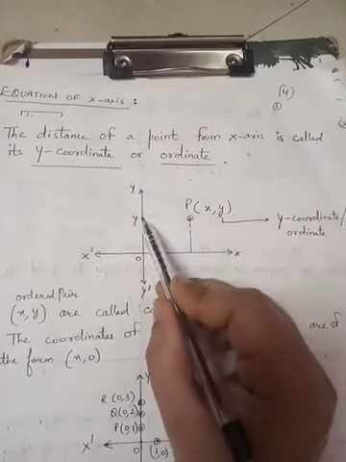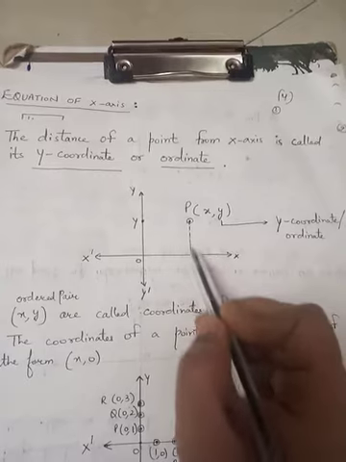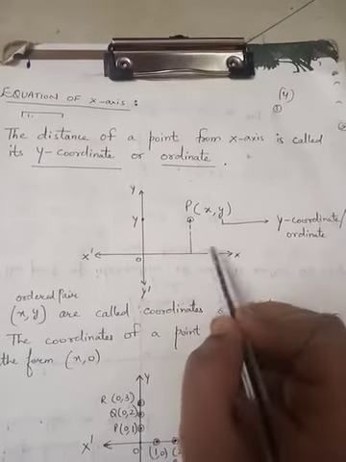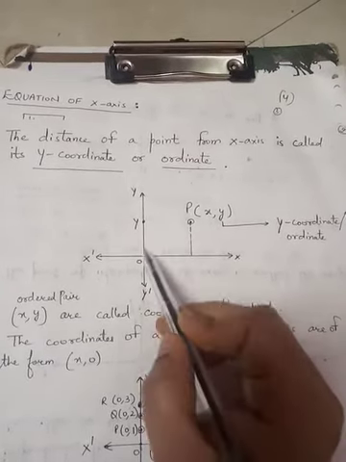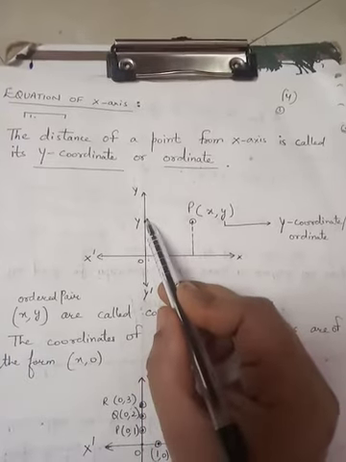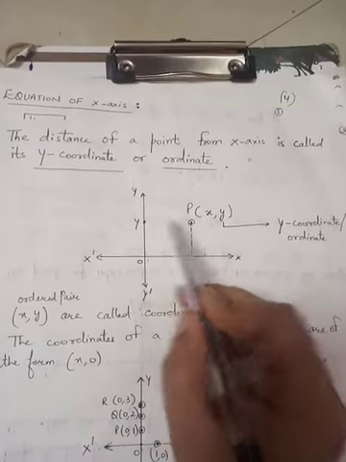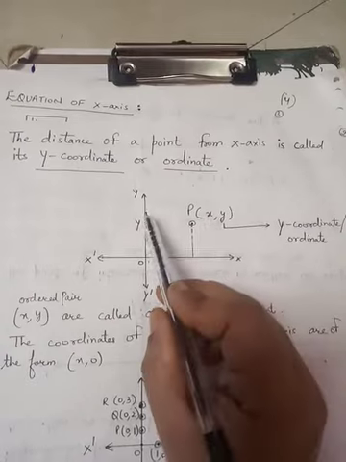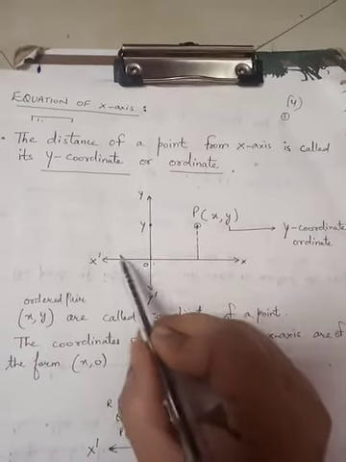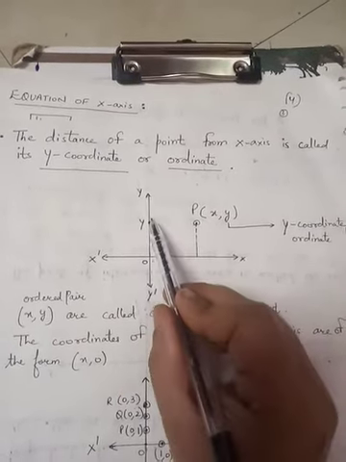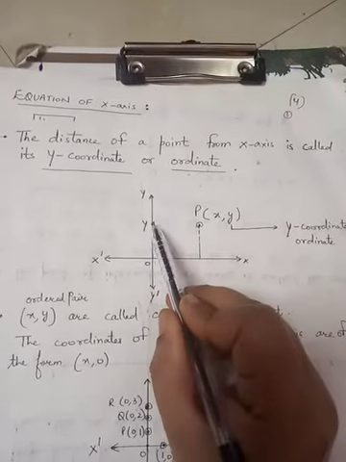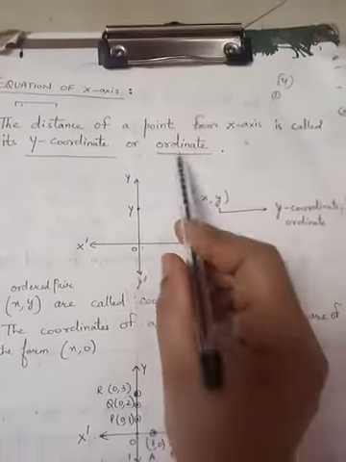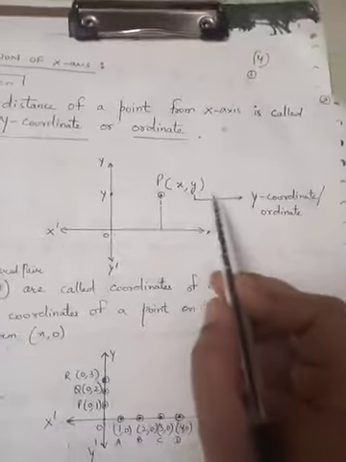So this is your y point and how far it is from the x-axis, that is y. This distance is y. It is also named the ordinate. You have studied this in your 8th class also.